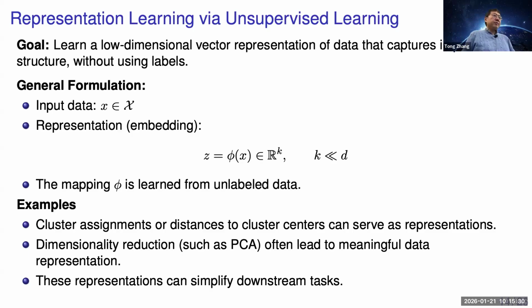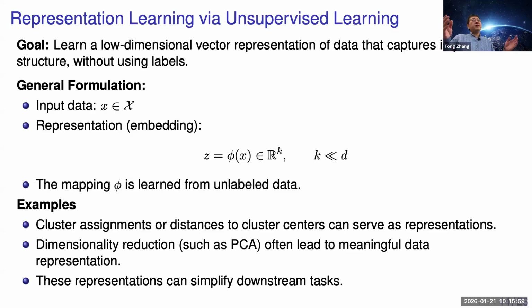So essentially, this is important. It turns out the learned representation will be useful for many other tasks, even though you are doing unsupervised learning. You could also use supervised learning to do representation learning. For example, the classical example is you learn a neural network which performs well on ImageNet classification.